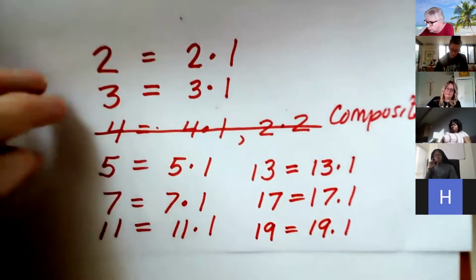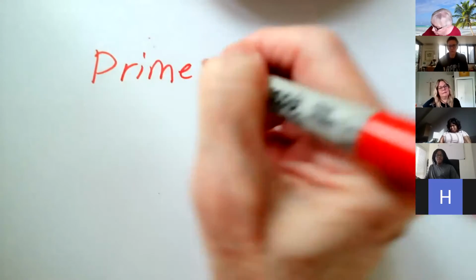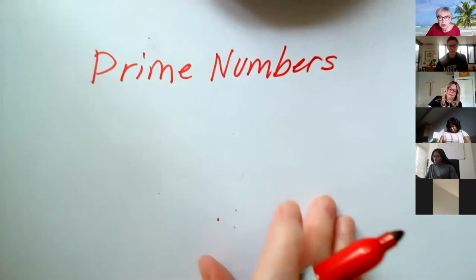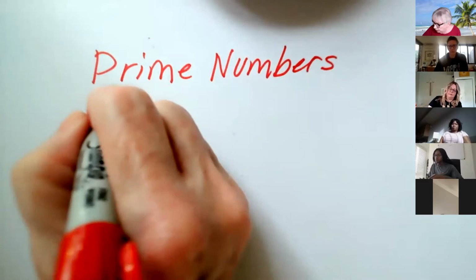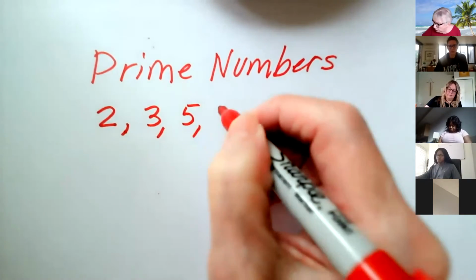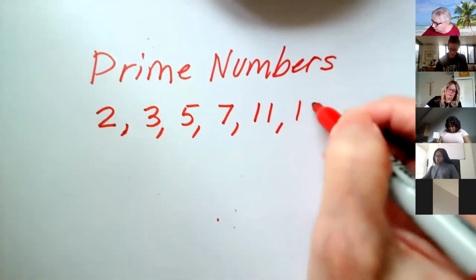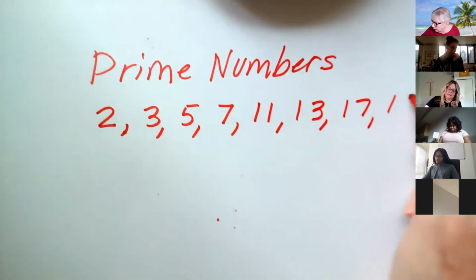So what I want to do is make us a list of what we have so far. So prime numbers, and this is something that you should be able to rattle off at least up to this number we just did: the 2 was good, the 3, the 5, 7, 9 was no good, 11, 13, skip 15, 17, and 19.